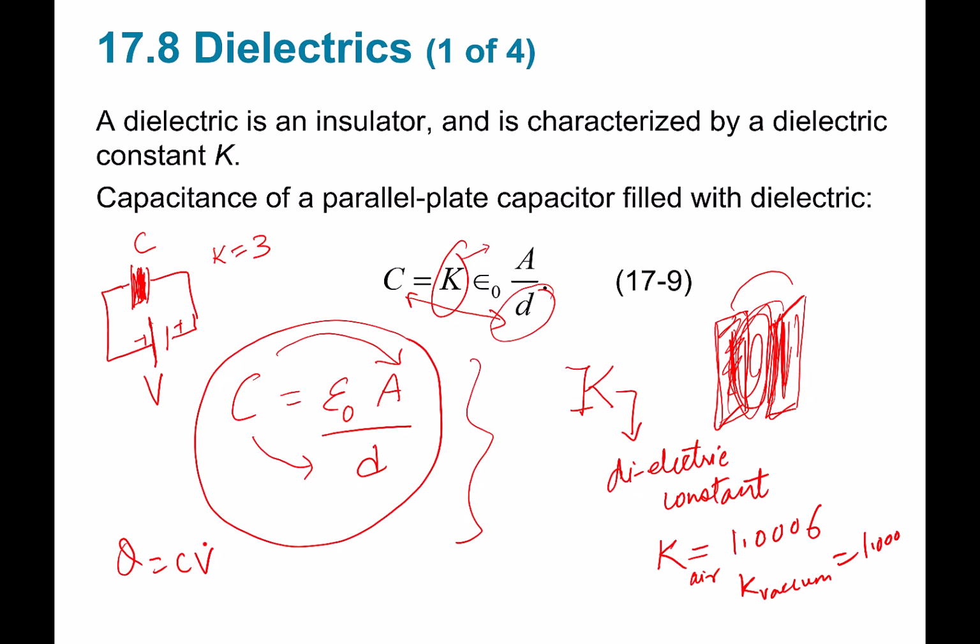Even if V stays constant, if the capacitance is increasing, Q will increase. So charge will increase if the dielectric is inserted. As the dielectric is inserted, more charge will be pulled from the battery and deposited onto the plates of the capacitor, and that's how its capacitance increases as well.